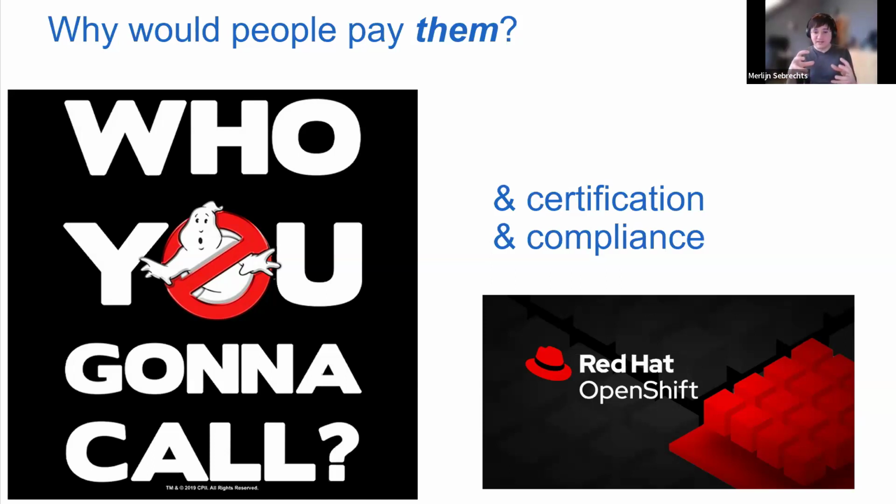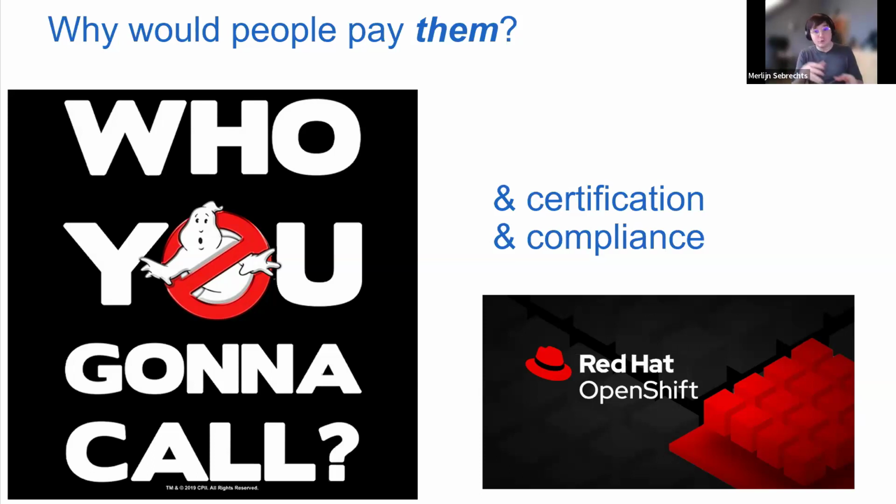It certifies it for a lot of different certification bodies, for example, certain ISO standards, certain compliance standards, healthcare standards. There's a very, very long list of certifications that Red Hat OpenShift is certified for.